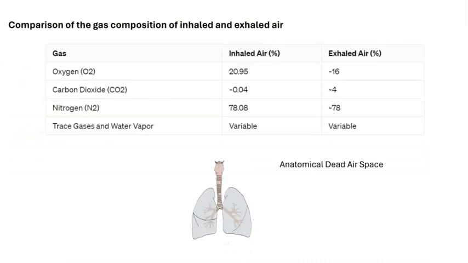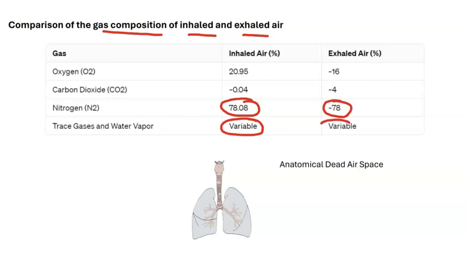Let's take a look at some figures for the changes in gas composition with inhaling and exhaling air. Notice that there's very little change in the nitrogen. Notice that the water content, due to the moisture within the lungs, is a variable part, depending upon the atmospheric conditions.